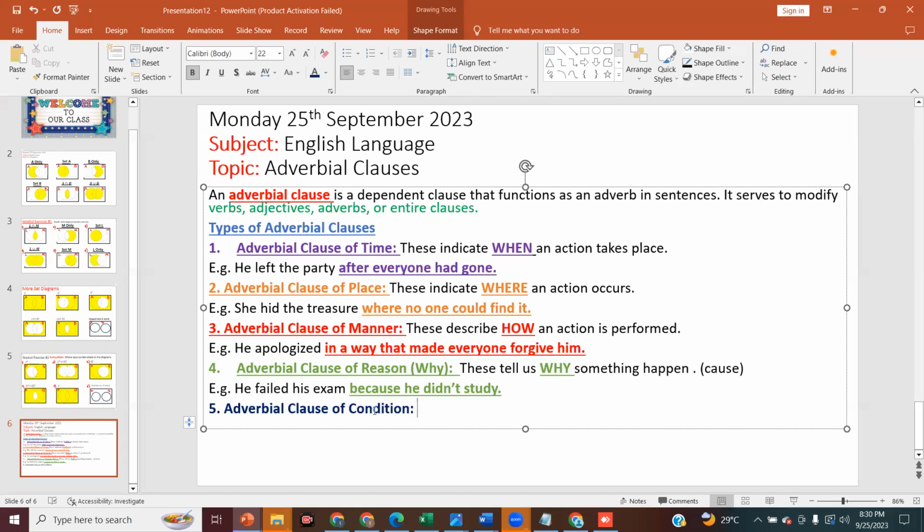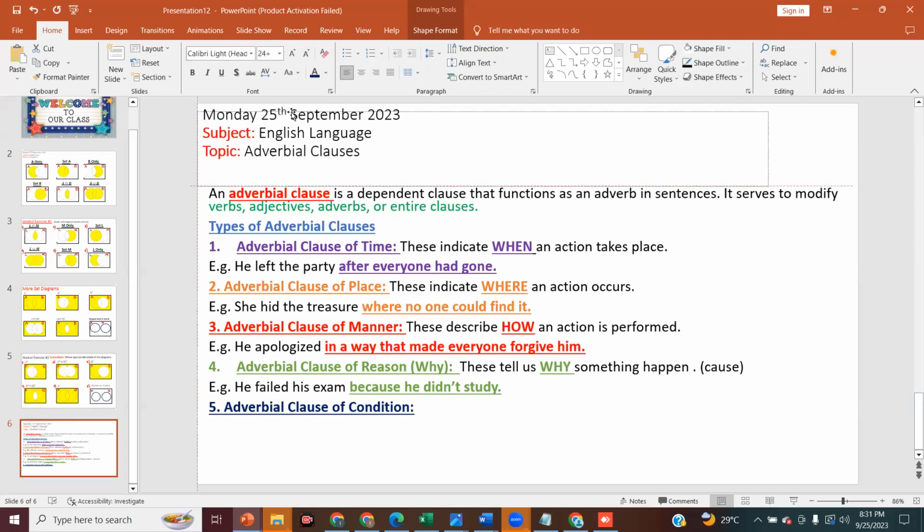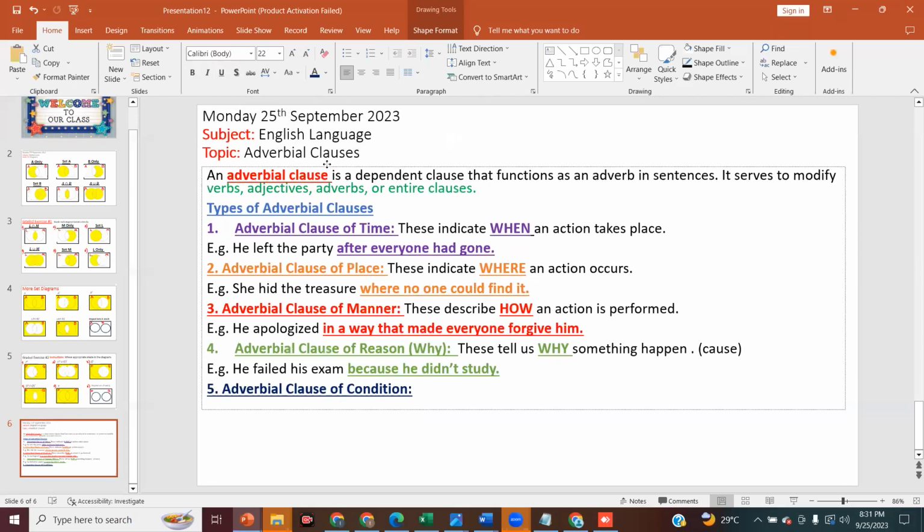Please do not mix these up. I know we have a lot of colors going on, but don't mix them up. It's easy to mix them up. So adverbial clause of condition.